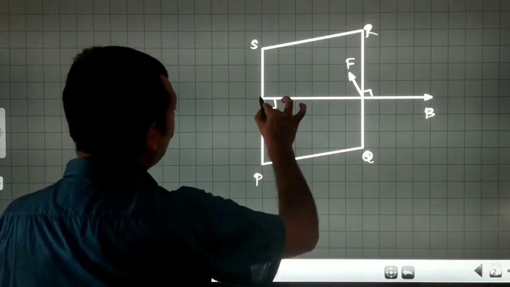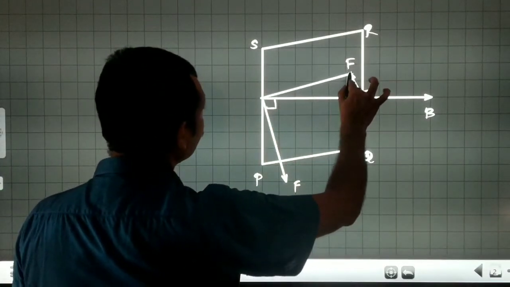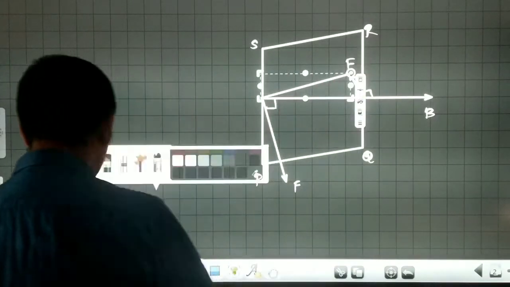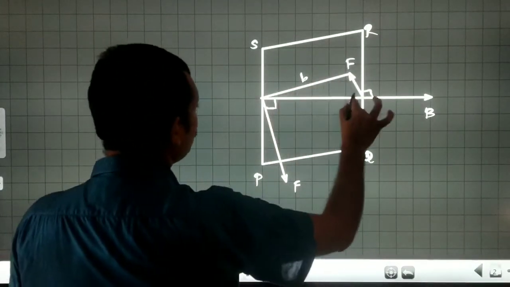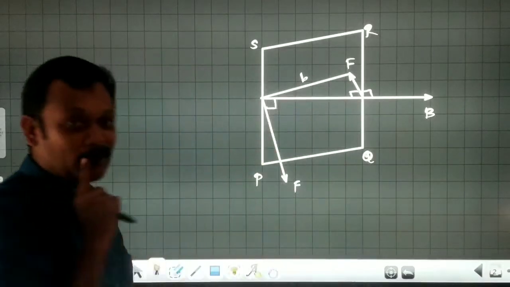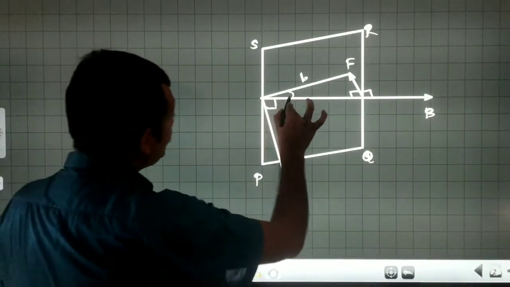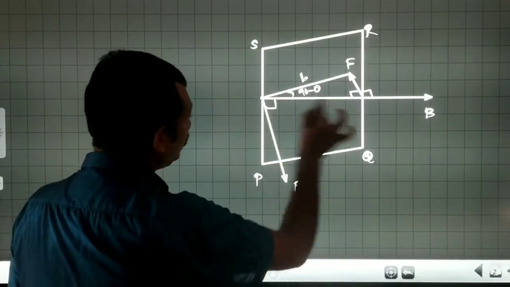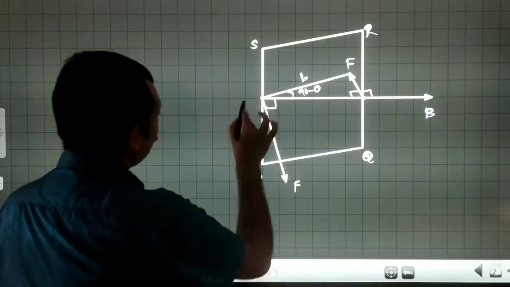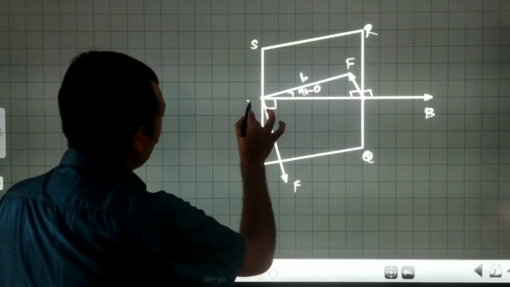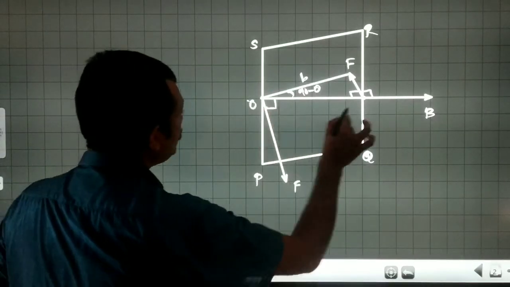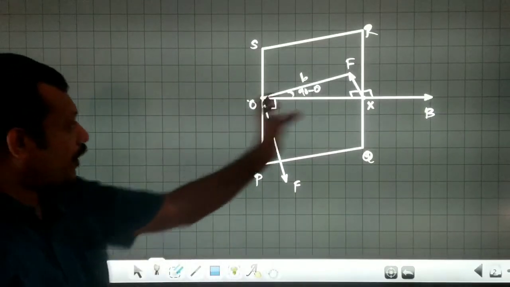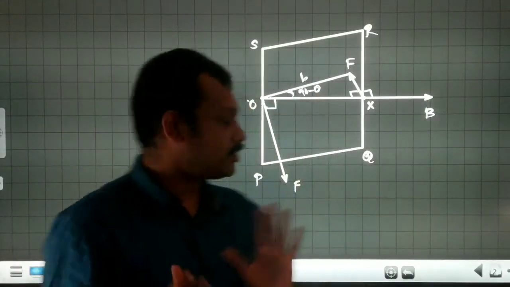Now see, this length is B. This angle is 90 degrees. This angle I said as 90 minus theta. Then what is the total length between these two points? Say O and X. What will be the length OX? Length OX.